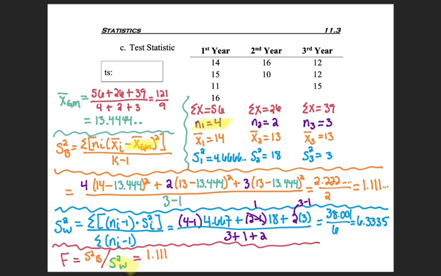We need to divide by the within mean variance. So divide by the 6.334 with rounding. And my F value is 0.1754, which is my test statistic. So rounding this to 2 digits, that 7 is going to round up because of the 5 following it, and my test statistic is 0.18.